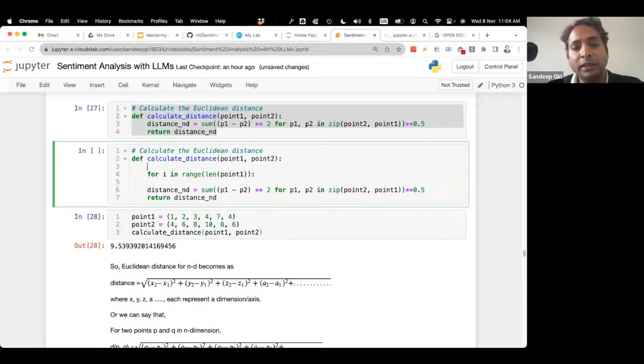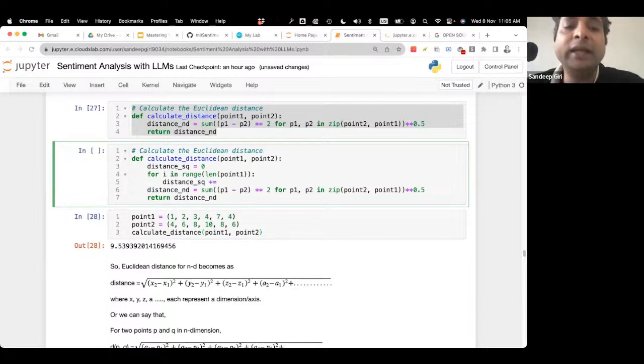This is my distance, total distance square, let's say this is 0 initially. I'm just trying to simplify it so that everybody understands it.